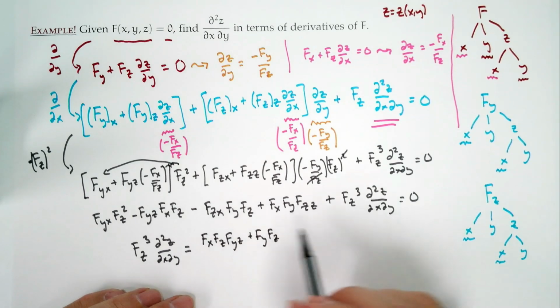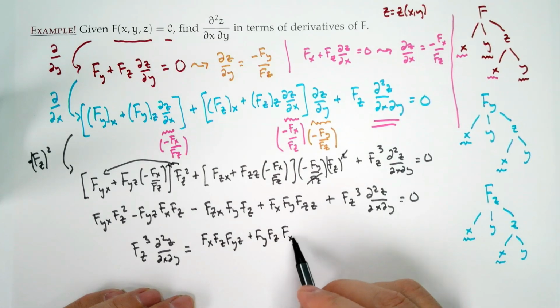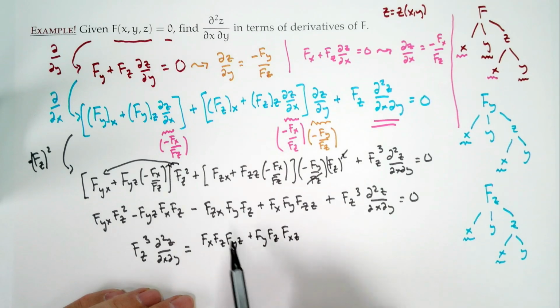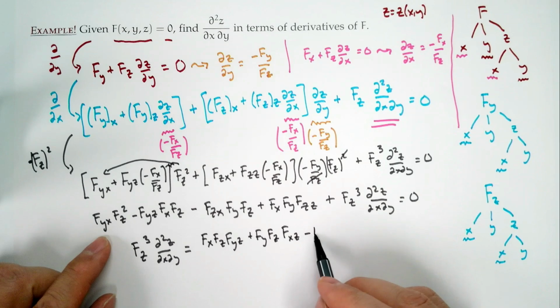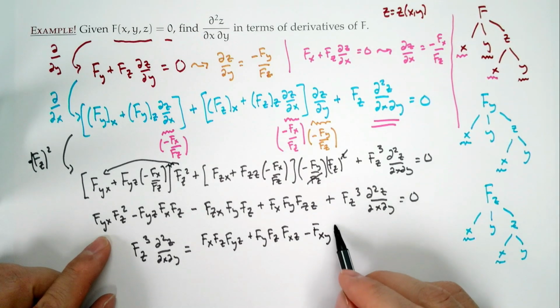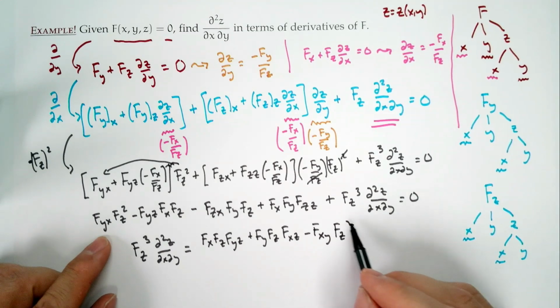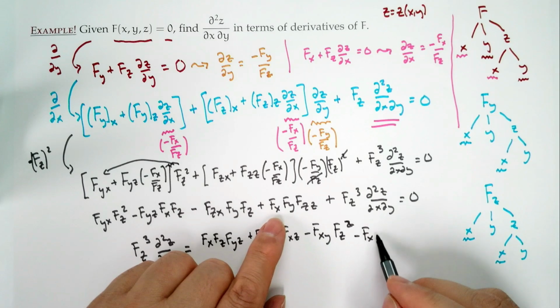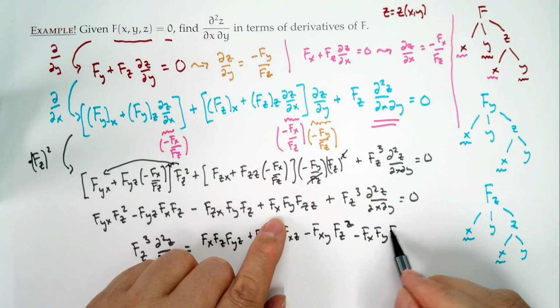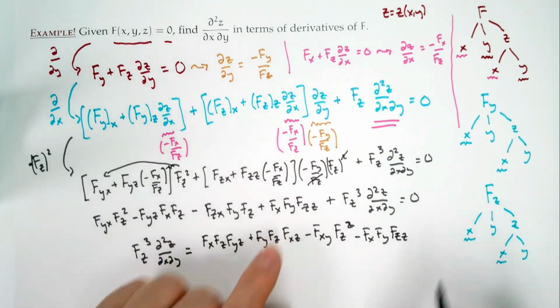And here, it doesn't matter which order I take it, so I'll do f x z. Okay, then minus, let's say this one, minus f, and I'll put x y. It looks nicer that way. F z squared. Then here, minus f x, f y, f z z.